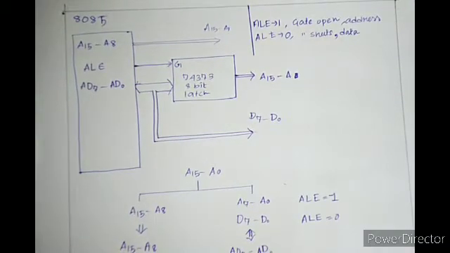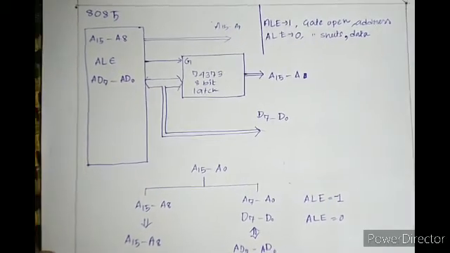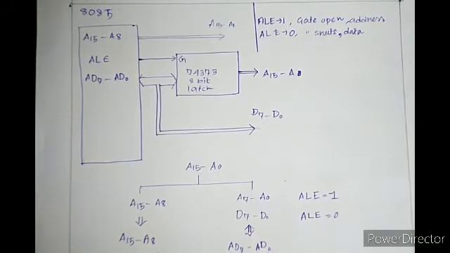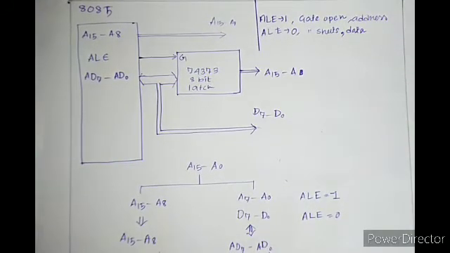Before I get into drawing the machine cycles, first I need to discuss this important topic. You know that the data bus in 8085 is an 8-bit data bus, and the address bus is 16-bit.